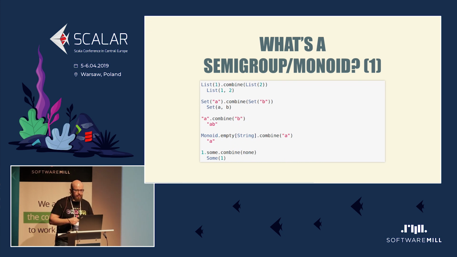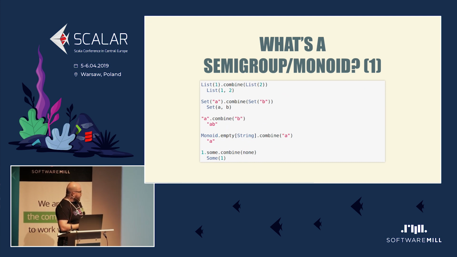So if you're writing generic code for the superclass, you cannot write plus because you either have to choose the one from the list hierarchy or one from the set hierarchy. But if you specify that you want something that has a monoid for it, you can just use it with combine. And of course, lists and sets are monoids, not only semigroups, because an empty list and an empty set are a thing.